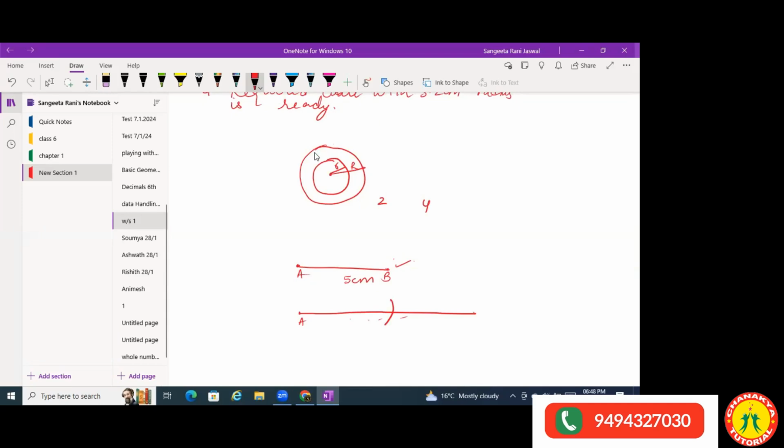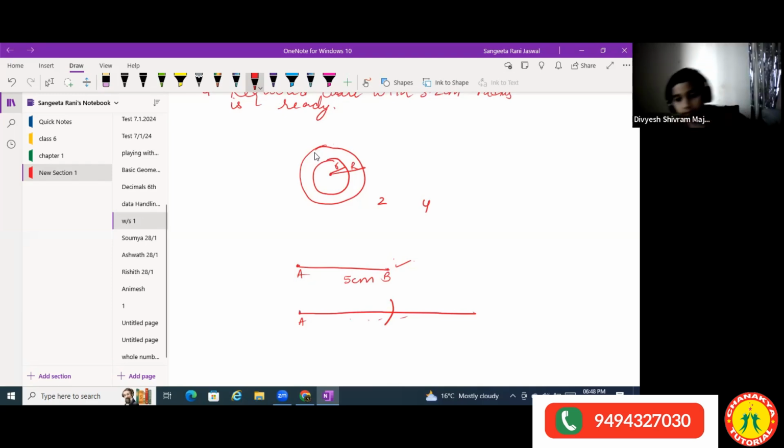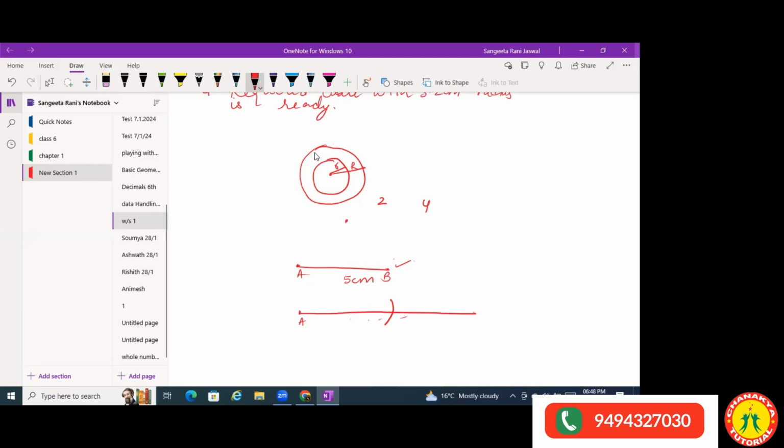Are you understanding? Keep your pointer here. First, measure this with your compass. Suppose you have this compass, keep your needle here and your pencil here. Then measure this. Then same way, just pick it up and bring it here.